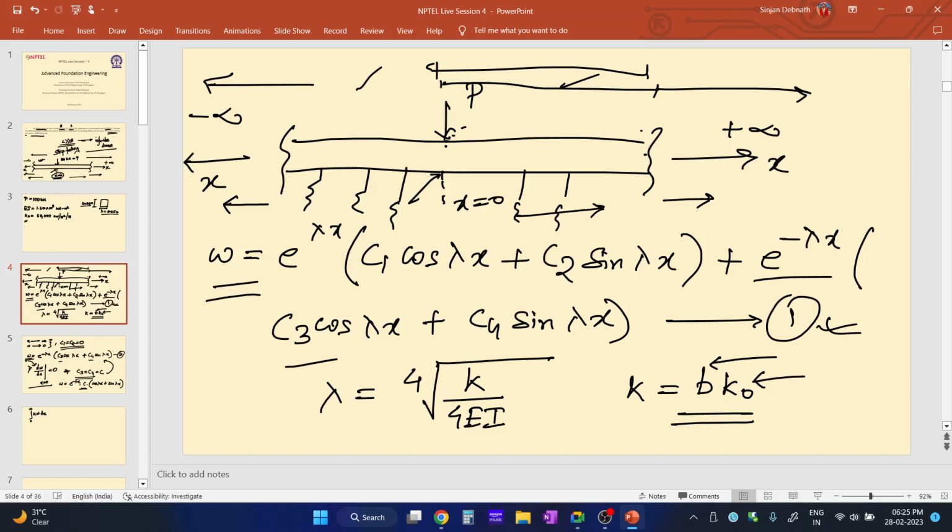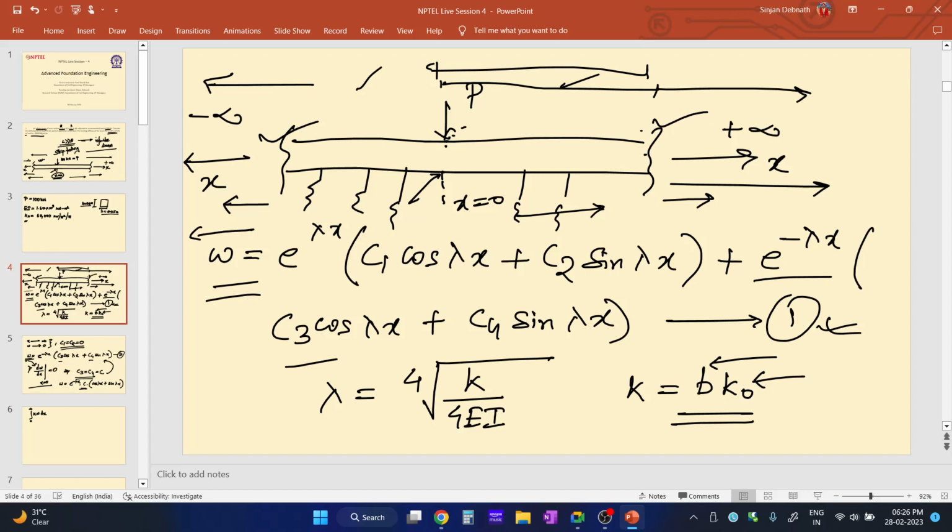So what are the necessary boundary conditions for the infinite beam? Look at the left part and the right part. Let's look at the right part first. X is the direction along the length of the beam. Suppose this is extending towards positive infinity, and this part is extending towards negative infinity; both are free ends because this is an infinite beam.